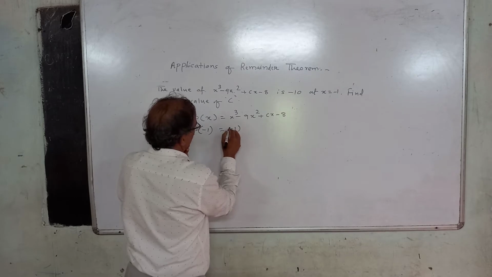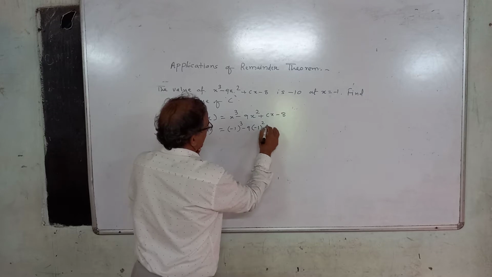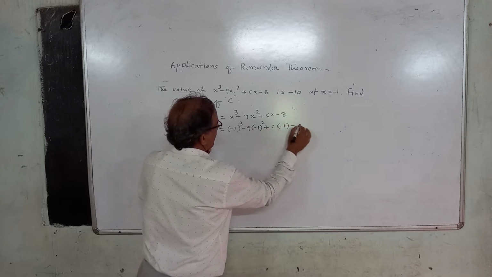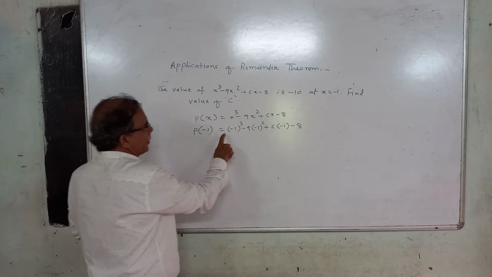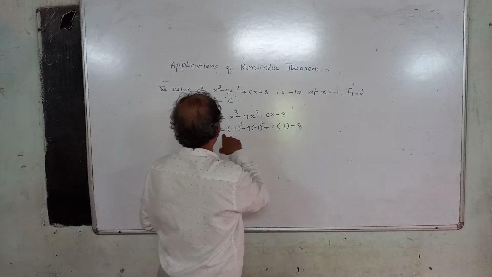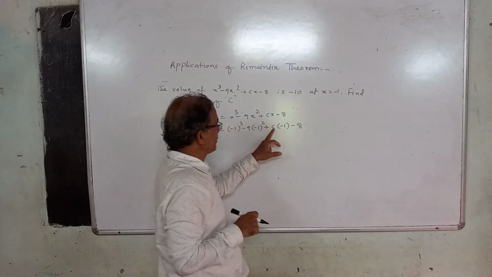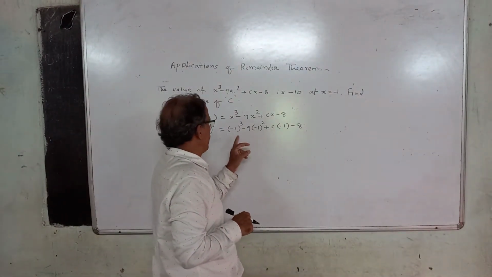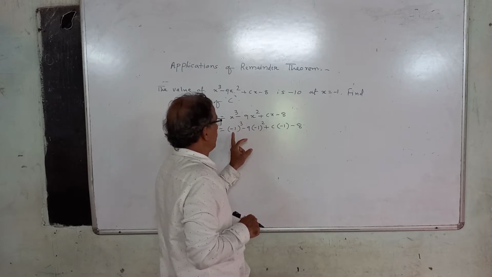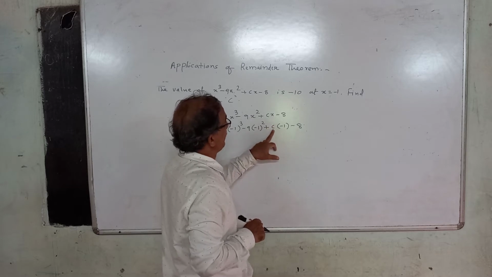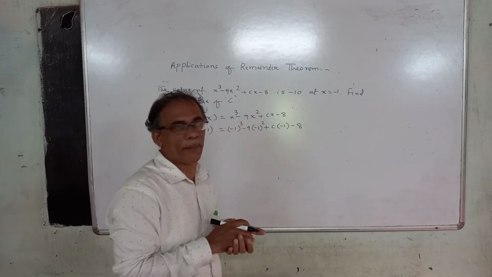X cube means minus 1 cube minus 9 into minus 1 square plus c into minus 1 minus 8. So when you substitute minus 1, you will get the value of this polynomial at x is equal to minus 1. Now here there is one unknown, so because of this unknown c, you cannot get the whole answer after simplification.